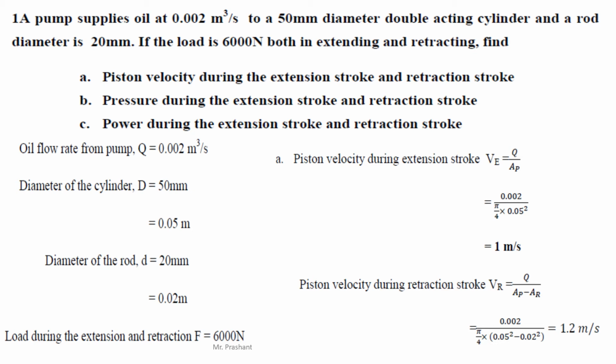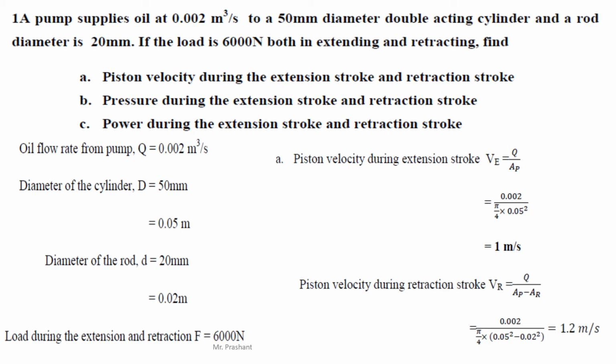So here Q is 0.002 dividing by area of piston, pi into 0.05 square dividing by 4. Simplify this one, we will get 1 meter per second. Piston velocity during extension stroke is 1 meter per second.